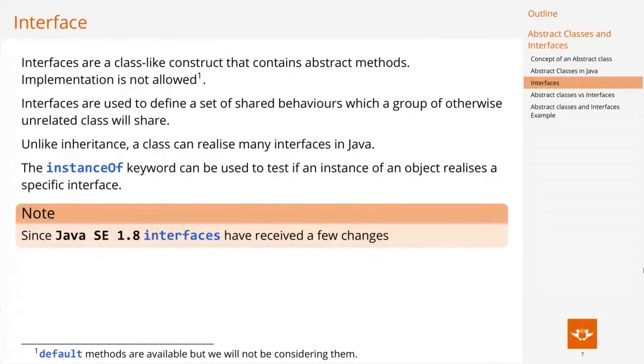Now I move on to interfaces. So interfaces are a class-like construct. Because we're trying to solve the problem of multiple inheritance, we need something that looks like a class, but doesn't provide the same functionality as a class. So what an interface does, it provides abstract methods, and that's all.